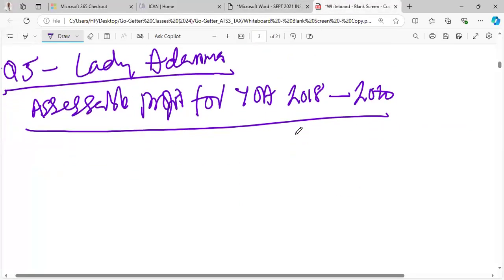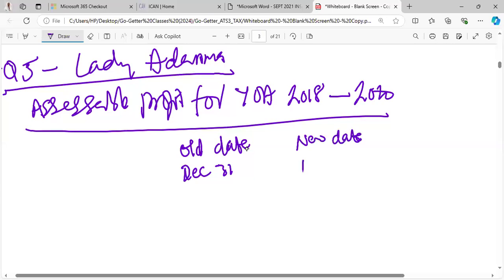So what I'm going to do here is say this is the old date, December 31, and the new date is March 31. Then I will say assessment selected.